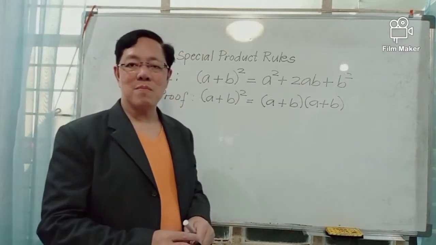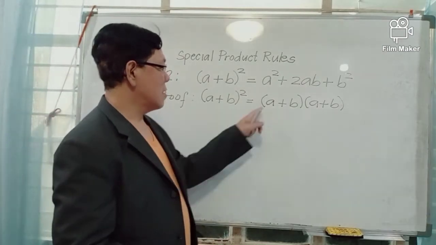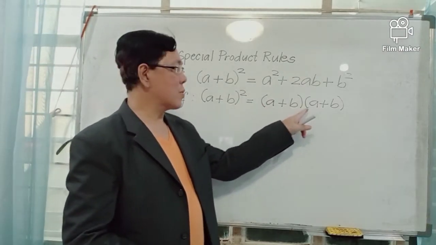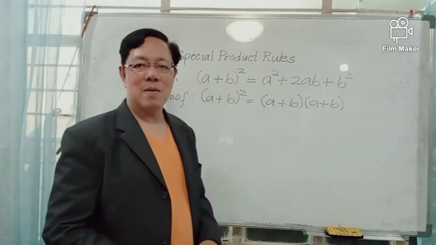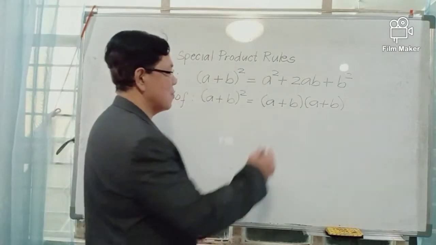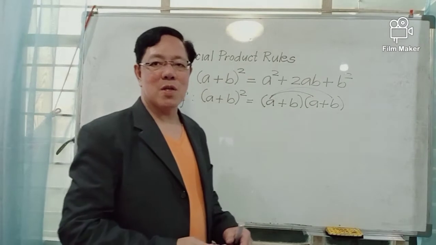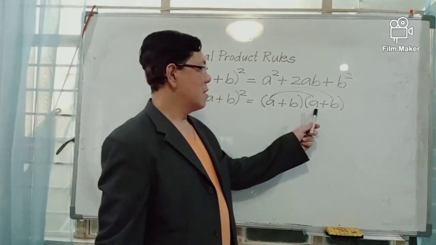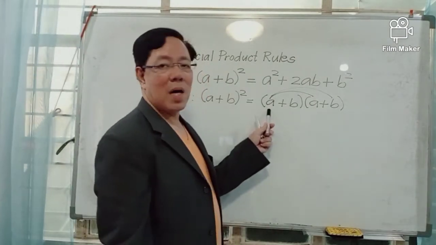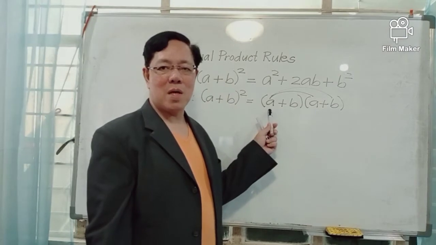And we distribute each term of the first factor to each term of the second binomial or factor. We start with a, multiply a by each term of the second factor a plus b by applying properties of exponents.